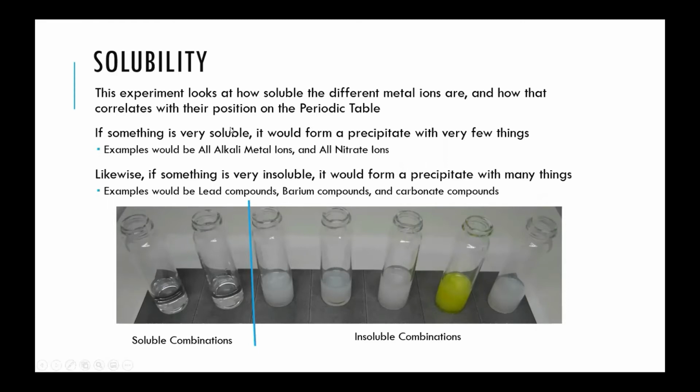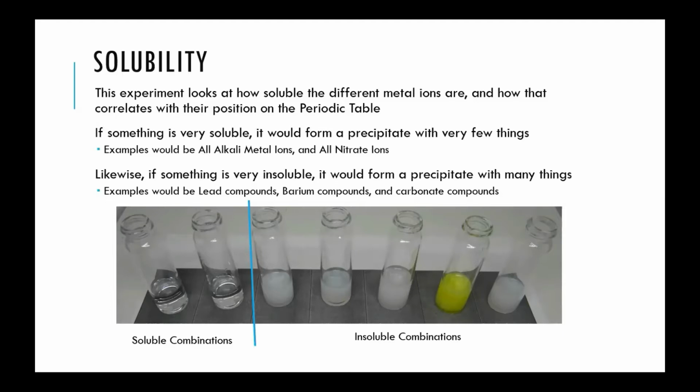So if something is very soluble, it would form a precipitate with very few things. Things like the alkali metals or all nitrate salts are incredibly soluble, and by reacting them with other compounds, no solid forms.